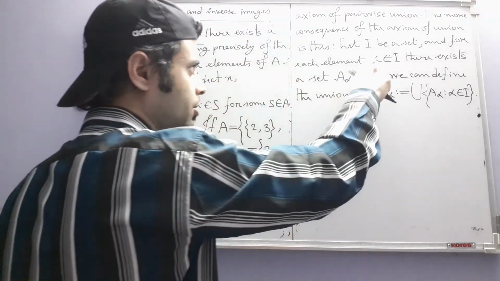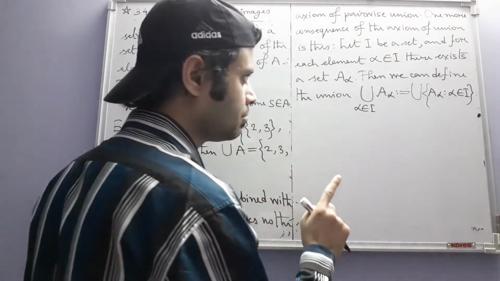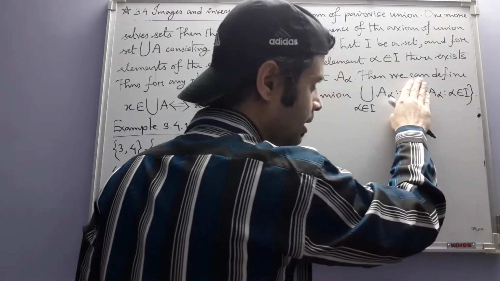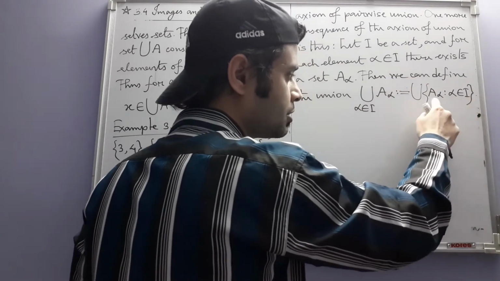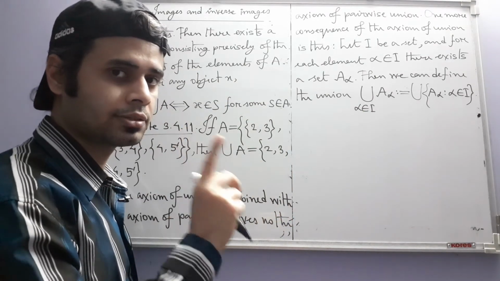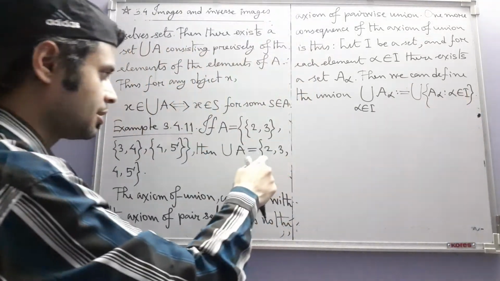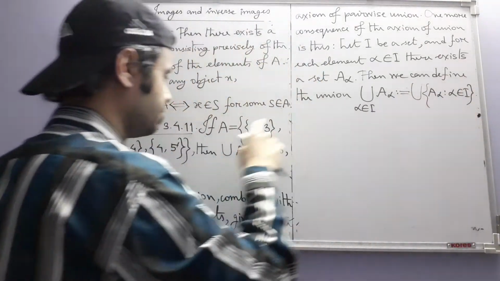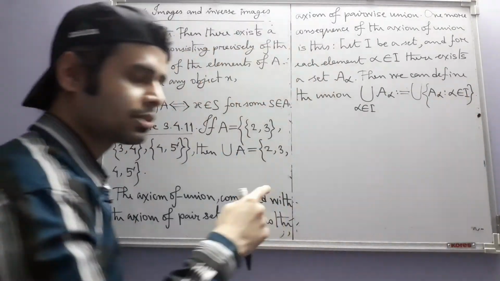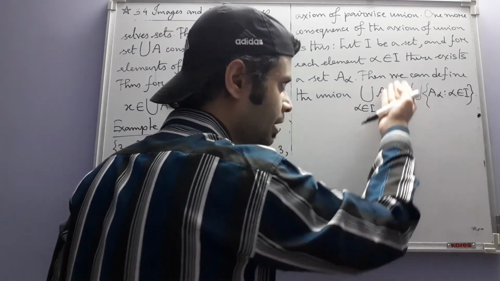First of all, for every element alpha in I, there is a set A alpha. So by the axiom of replacement, this set, neglect the union, okay, this collection whose elements are the sets A alpha, this collection is a set by the axiom of replacement. Since this is a set whose elements are themselves sets, this collection is just like this A. So the union of its elements, that is the sets inside, can be taken according to the axiom of union, and that will be a set.